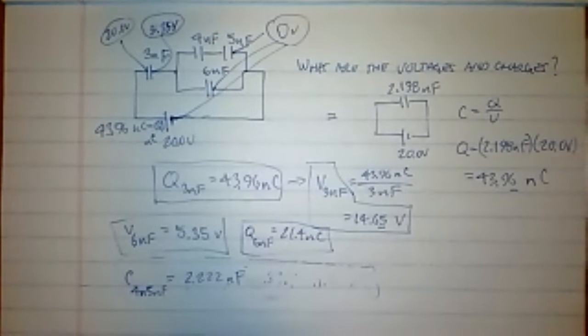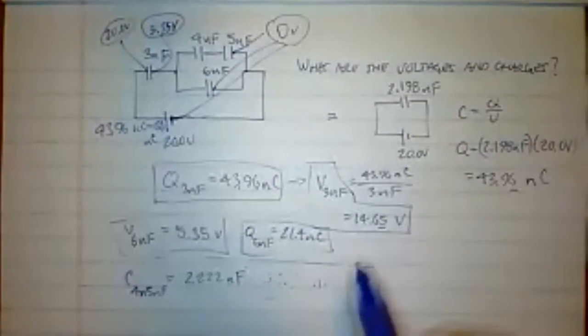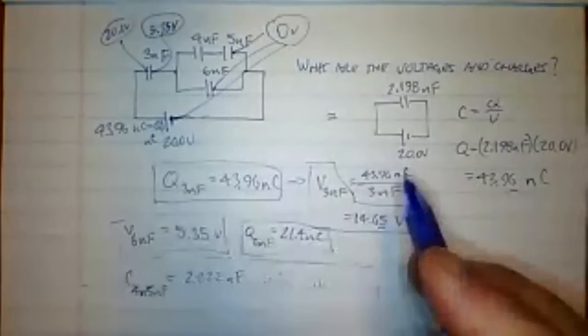I did. Oh, it's here. I said 2.198, gotcha, times 20. That gave me 43.96. And then, oh yeah. Okay, so that's right. So the 43.96 was right.